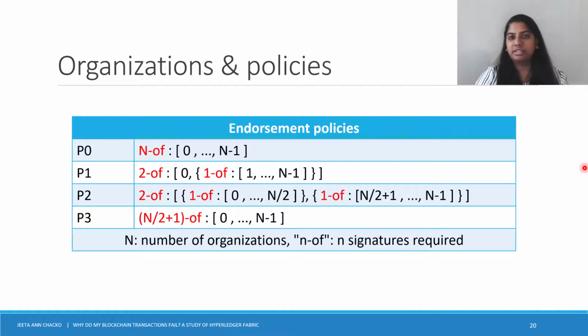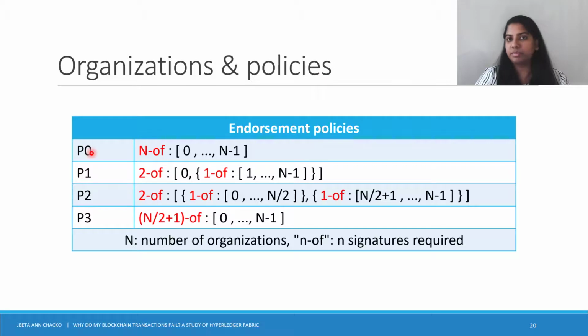The next parameter that we considered is the organizations and the endorsement policies. Every peer or client in the network is a member of an organization, and a group of organizations make up the Fabric network. Usually, the number of organizations is set based on the actual physical organizations in an enterprise. The endorsement policy, as I said before, specifies the number of peers that need to endorse a transaction.